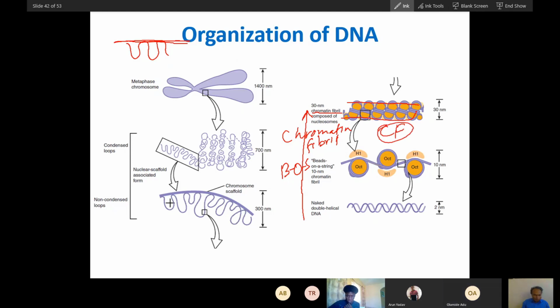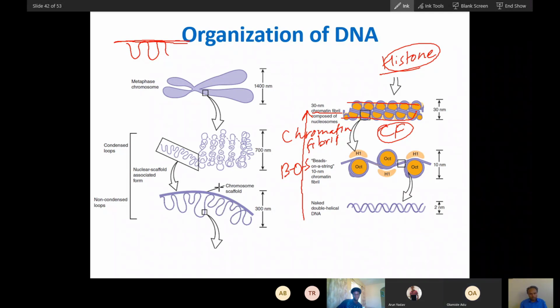This chromatin fibril again folds on some protein. The bead proteins are called histone proteins, and this other type of protein is non-histone protein. It will fold like this on the other protein. This folded form will again refold in a circular fashion.